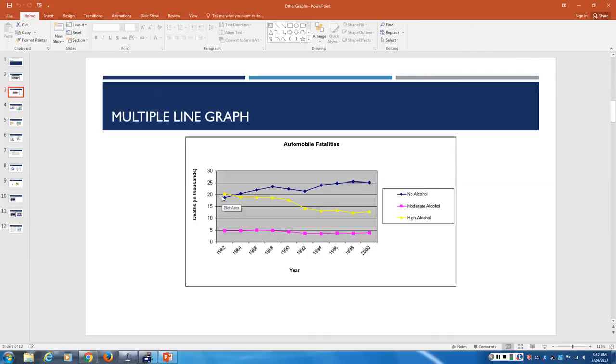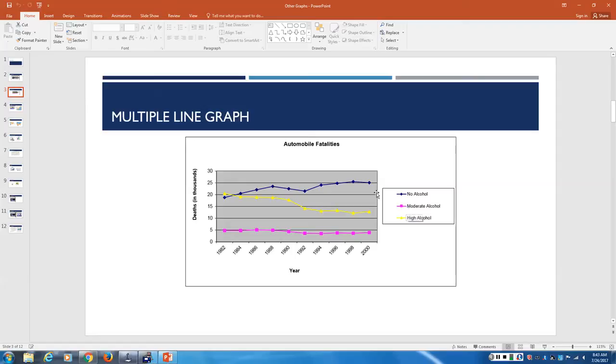But the ones where there was a lot of alcohol involved actually decreased at about the same rate that the ones that involved no alcohol increased. And all the way through from 82 to 2000, the ones where there was moderate alcohol involved was the lowest, and it stayed pretty steady.